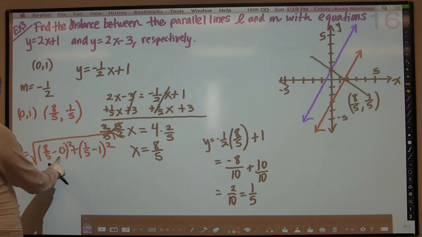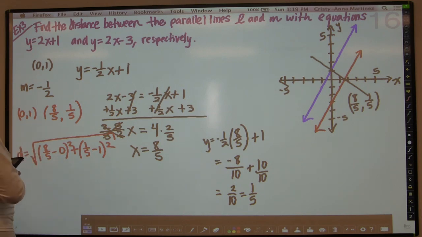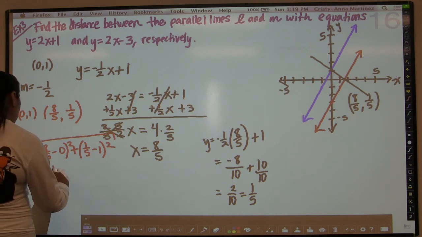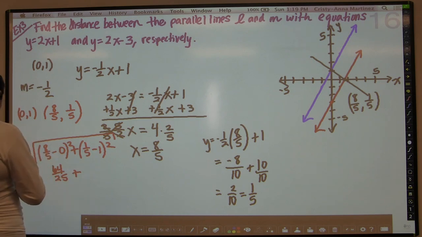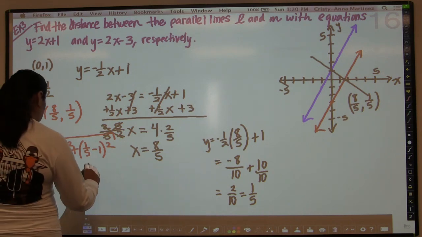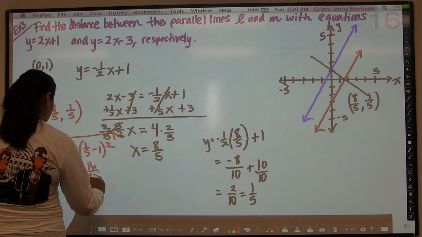At this point, it's probably going to be helpful to have a calculator around, because 8/5 minus 0 is just 8/5, but 8/5 squared is 64/25. 1/5 minus 1 is negative 4/5, but when you square negative 4/5, you get 16/25.